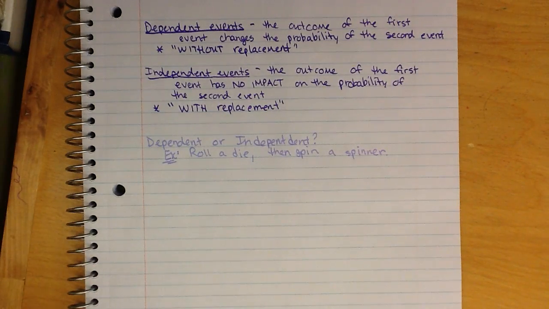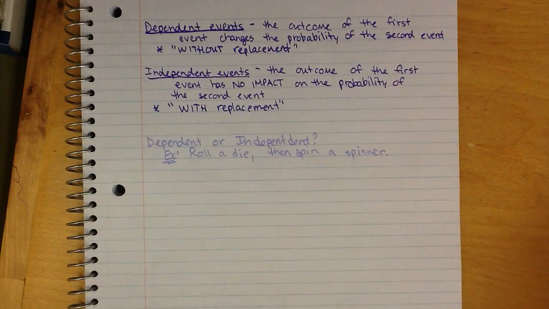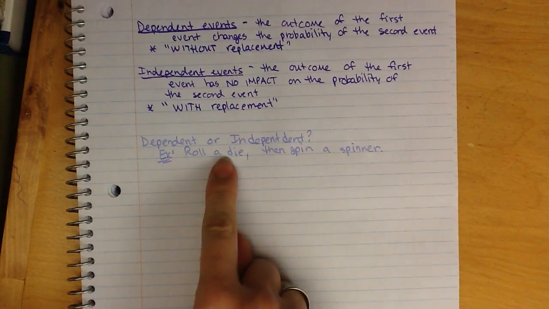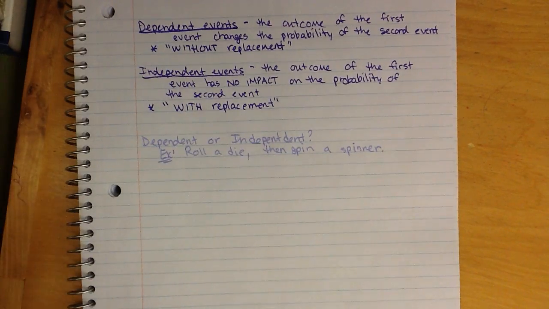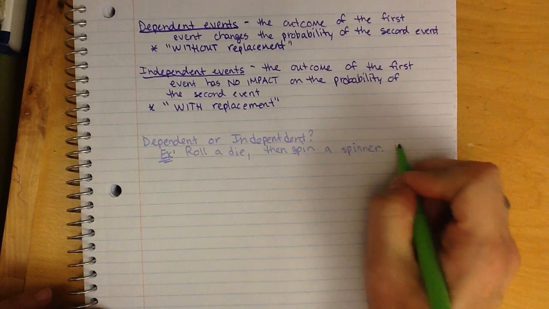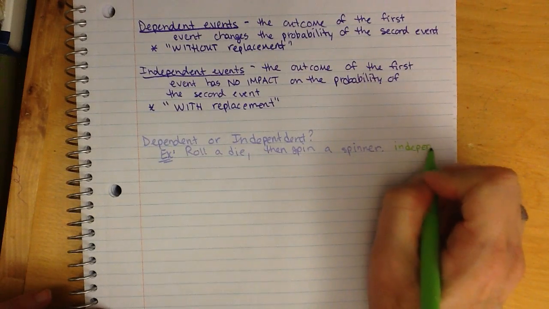If I roll a die and then I spin a spinner, will the outcome of my first event, rolling the number cube, affect the probability of my second event? It will not, so these would be considered independent.